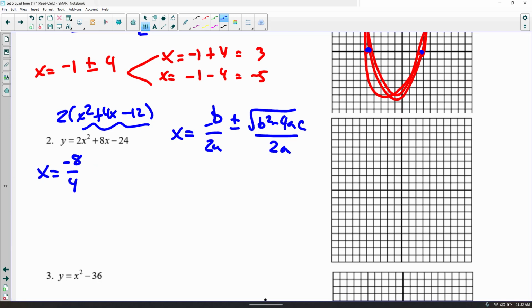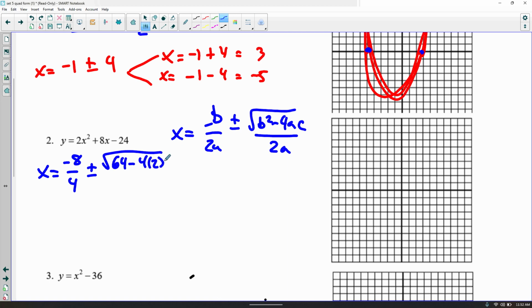What's plus or minus the square root e squared? Ignore this. 64 minus 4 times 2 times 24. Whoop. Messed up. Minus 24.